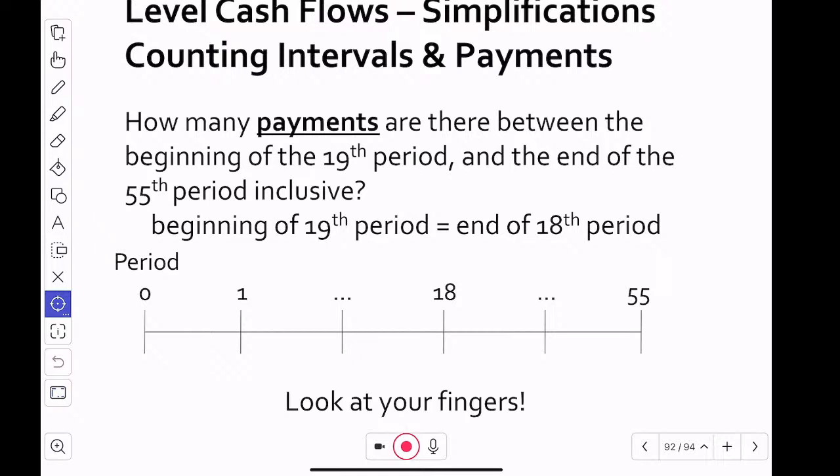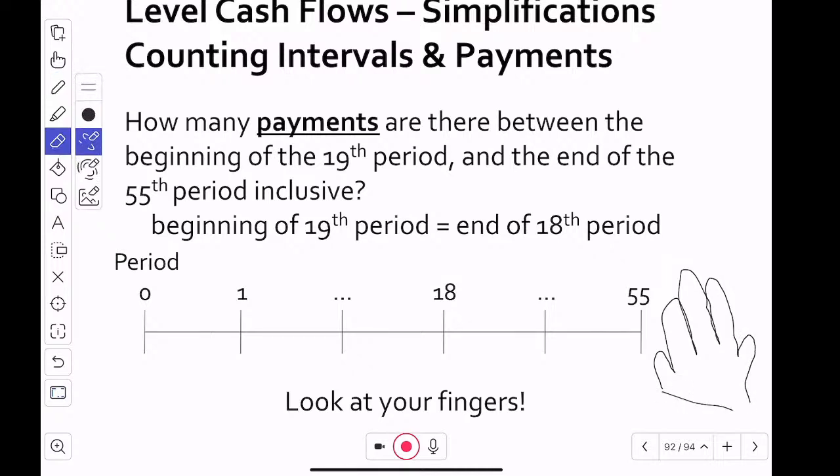But what if I wanted the number of payments? Not intervals, but payments between 18 and 55. Again, looking at your fingers, if I number them and I want to know how many fingers there are between the first and the last, I can't do 5 minus 1, that'll give me 4.